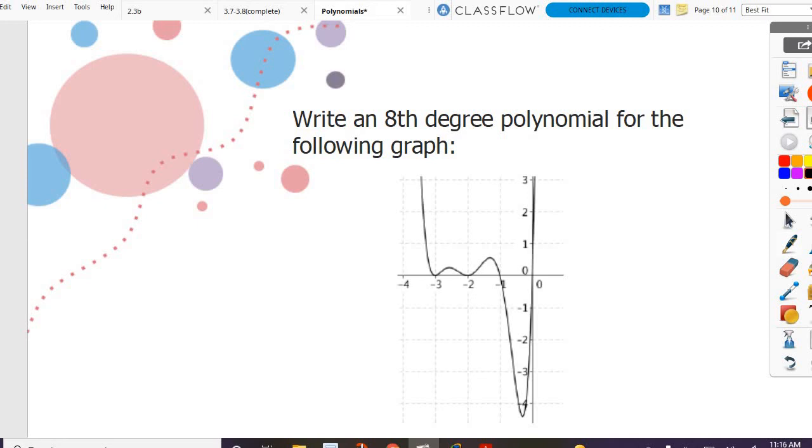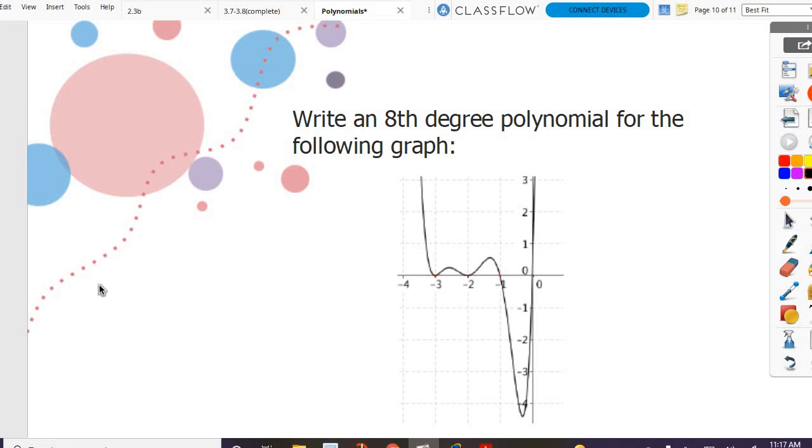Okay. Now, remember, how do we get our factors? We said our factors are the same thing as what? Our zeros, which are also our x-intercepts on our graph. So, where do we have x-intercepts this time? -3, -2, -1, and 0.